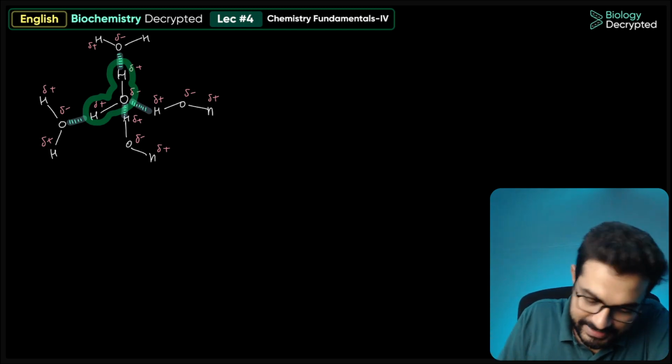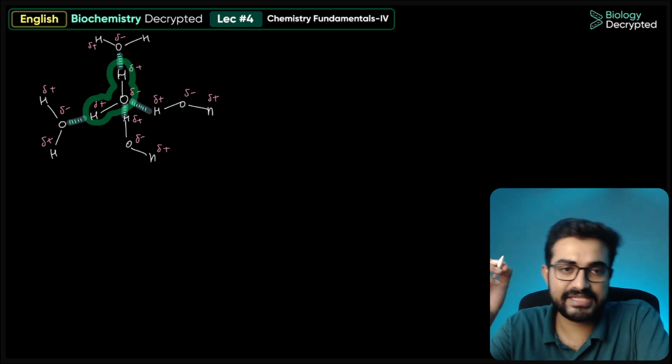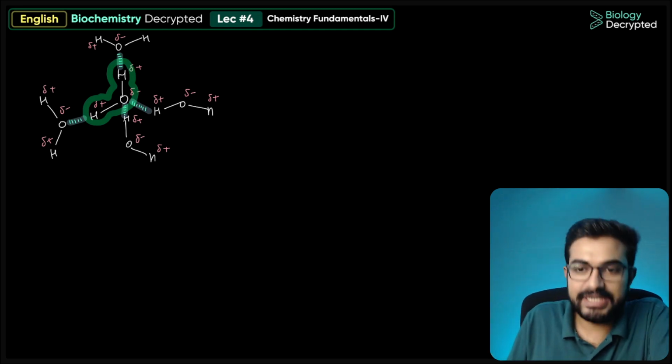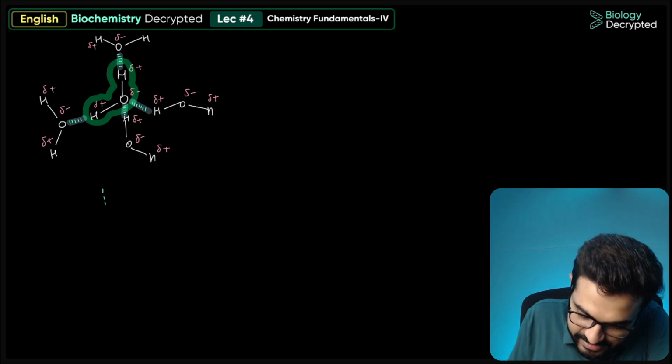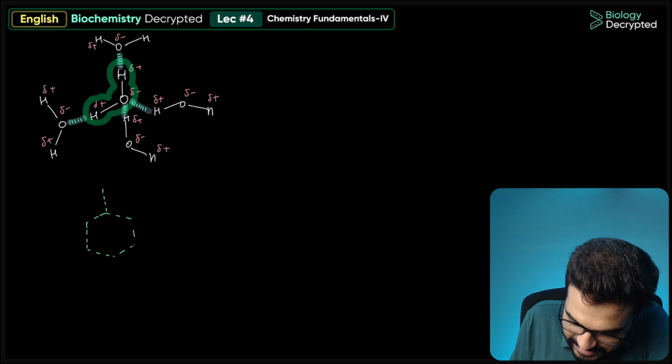So this is somewhat the structure of ice. Well, the structure of ice is more ordered. Actually, it forms cage-like structures. It is just similar to the tetrahedral arrangement. It is just like this.